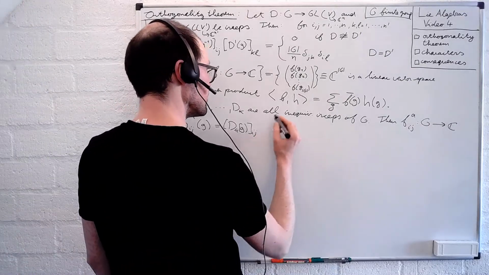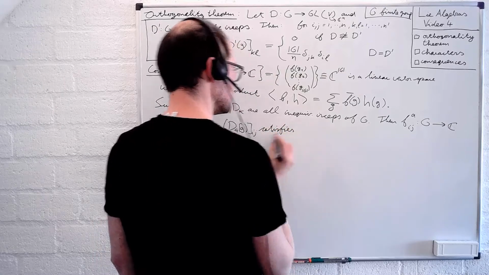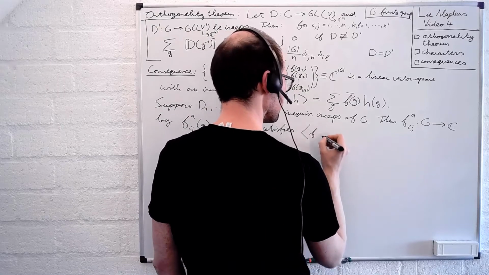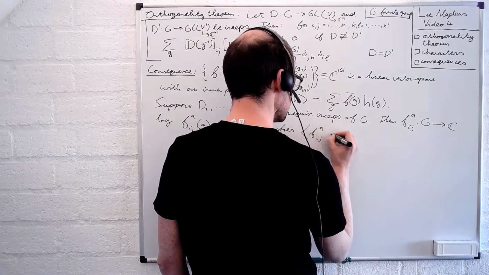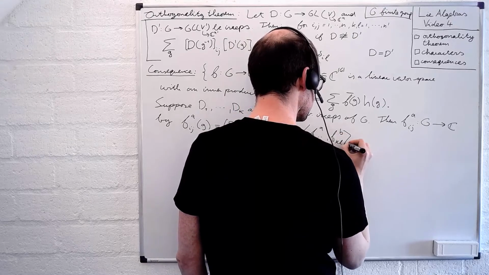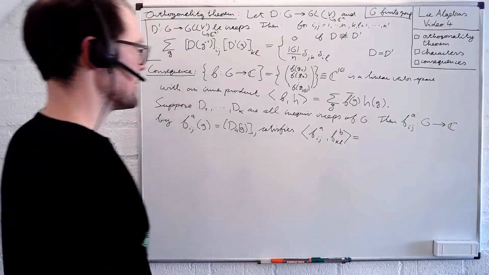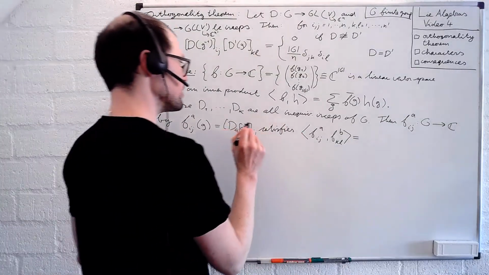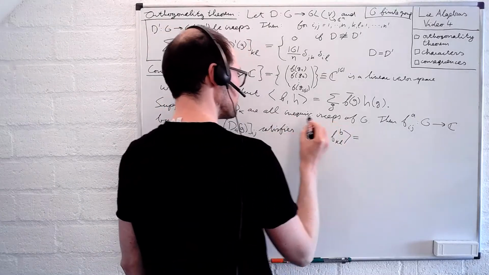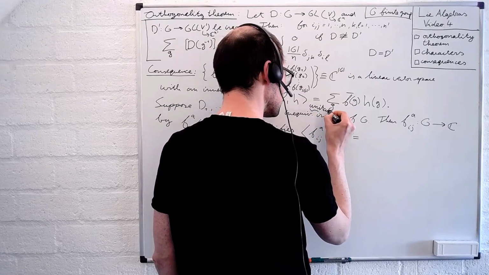So what does it satisfy? Let's see in terms of the inner product. If I take f_ij^a and f_kl^b, I want to make something more specific here: I say all inequivalent irreducible representations, let me also require that they are unitary.